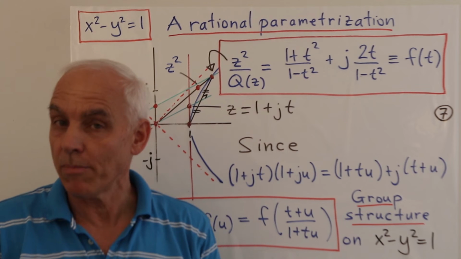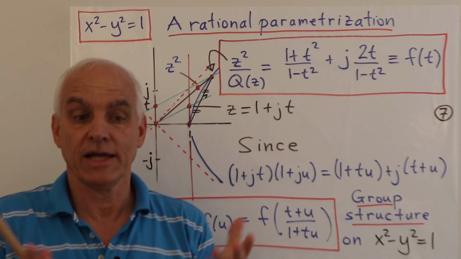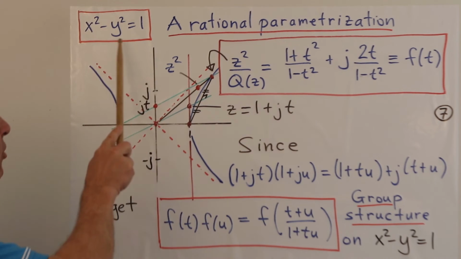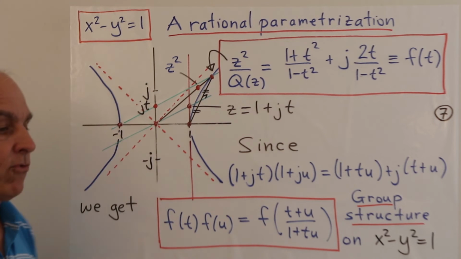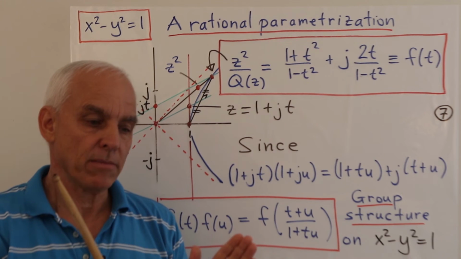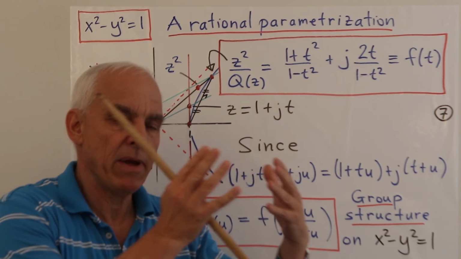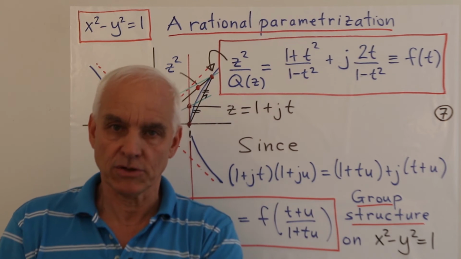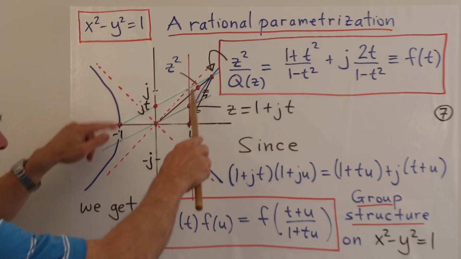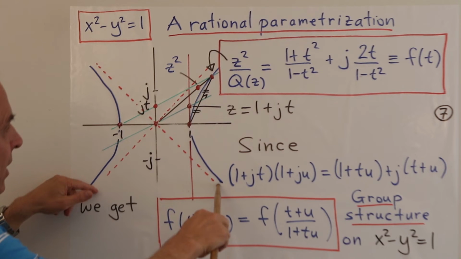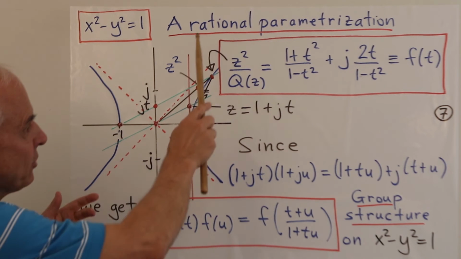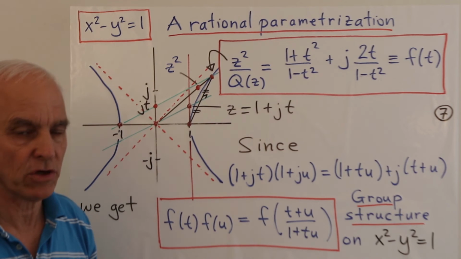So for an important application of red complex numbers, let's study the relativistic hyperbola x squared minus y squared equals 1 from a point of view that wants to put that parallel to the usual unit circle. So here is the curve we're talking about, and we're interested in a rational parameterization of this.